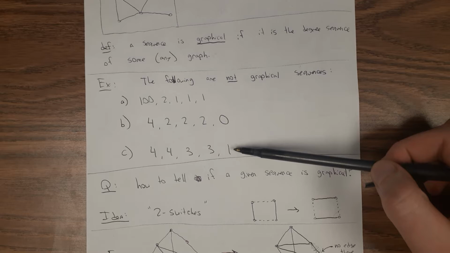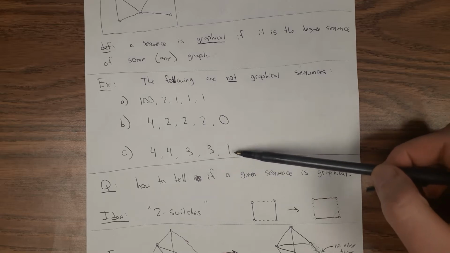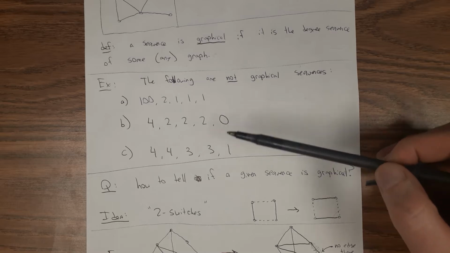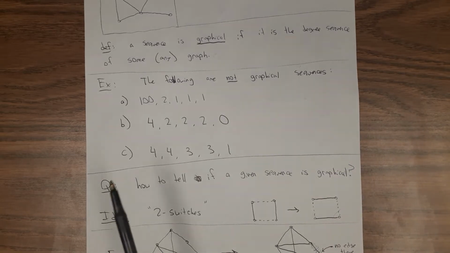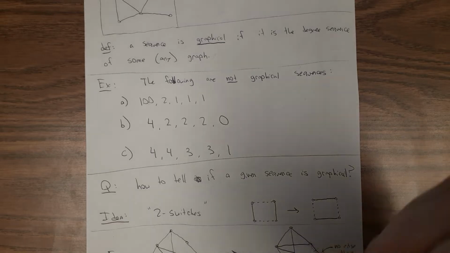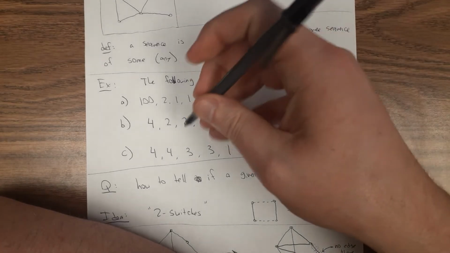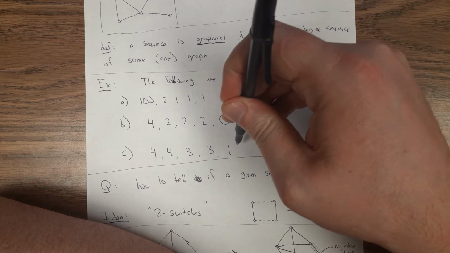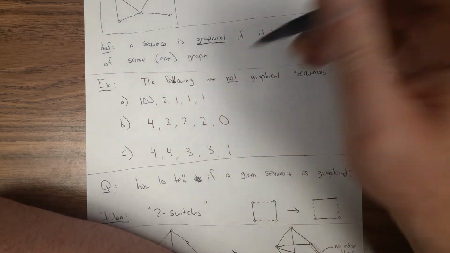Let's talk about C. C is kind of similar, but it's slightly more subtle even than B. As written, actually, this is very easy because the sum is odd.